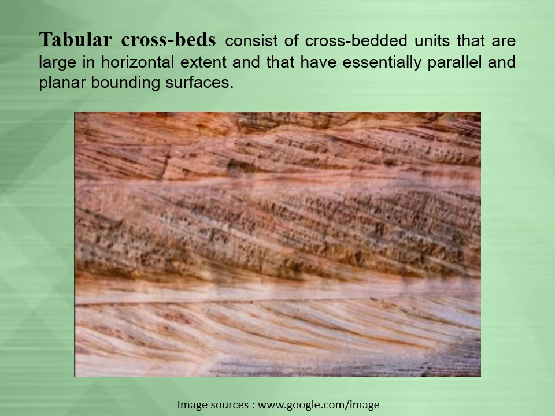Tabular crossbed is a type of crossbed in which the bounding surfaces are planar. So it's a type of planar crossbeds, and these bounding surfaces are parallel also. So you can define tabular crossbeds as a type of crossbeds in which the bounding surfaces are planar and parallel.